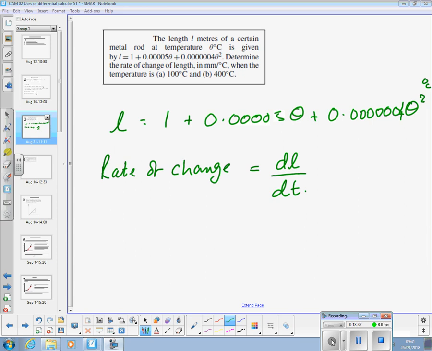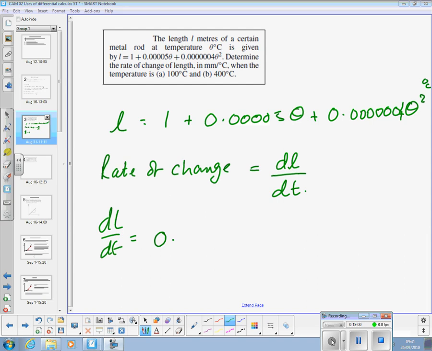The 1 becomes zero: constants, when we differentiate, disappear. Differentiate that small number times theta and it becomes just the number.